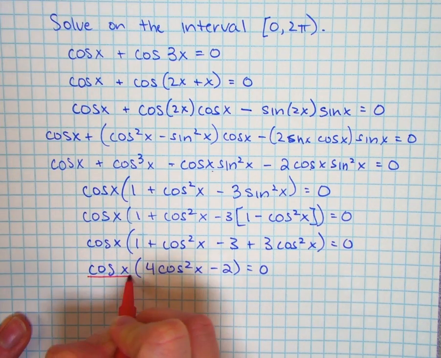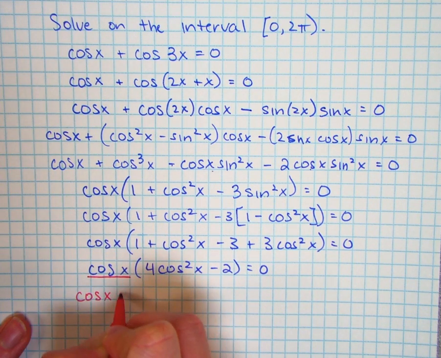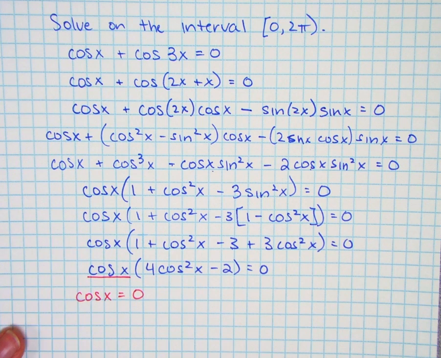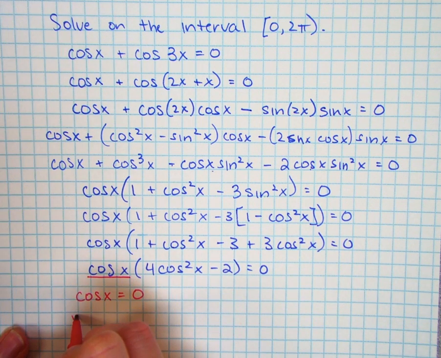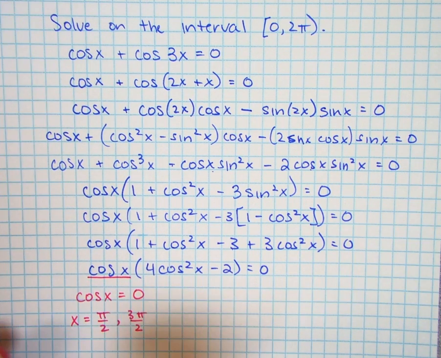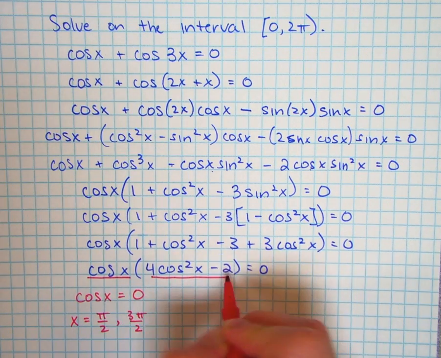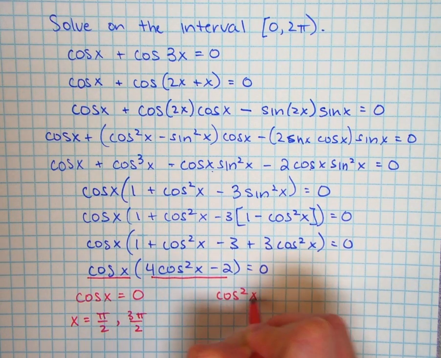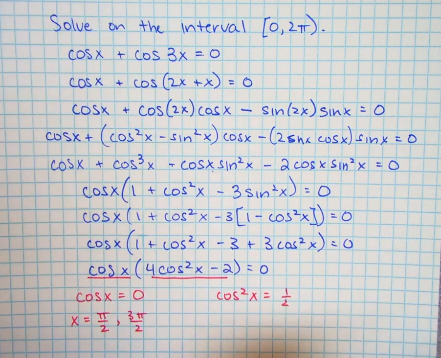So this cosine of x, I want to find cosine of x equal to 0. That occurs when x is pi over 2 or 3 pi over 2. This next part, I have cosine squared of x is equal to 1/2.